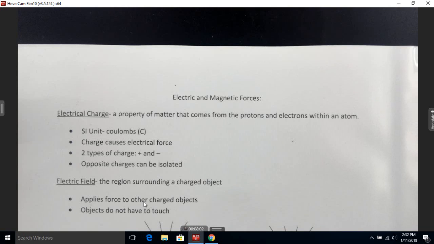Why is that a big deal? This is one of the only things that makes electricity different from magnetism. We're going to see a lot of stuff very similar between electrical charge and force and magnetic.